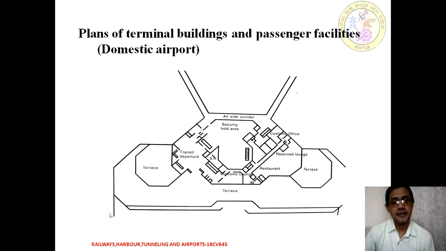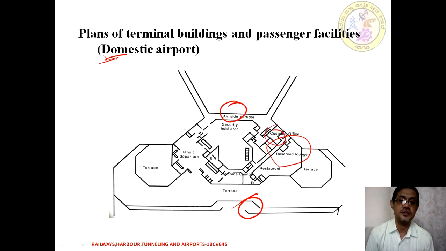Here is another plan showing the terminal building, for a domestic airport. Try to see, there are 2 sides, one called the air side and the other the land side. Here we can have some reserved lounges, custom officers, and security here.